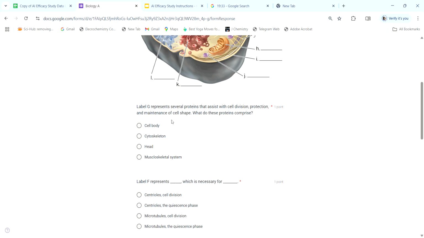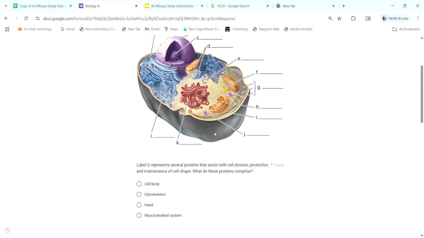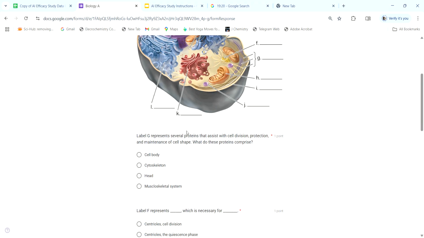So what do these proteins comprise? Level G is here. Okay, and the options are cell body, cytoskeleton, head, musculoskeletal system.